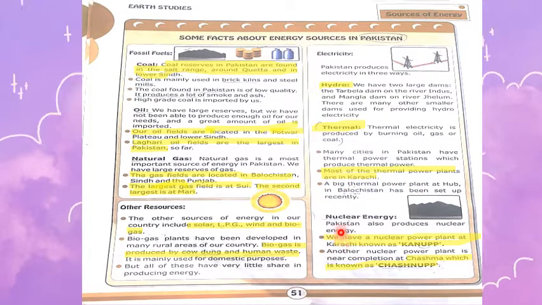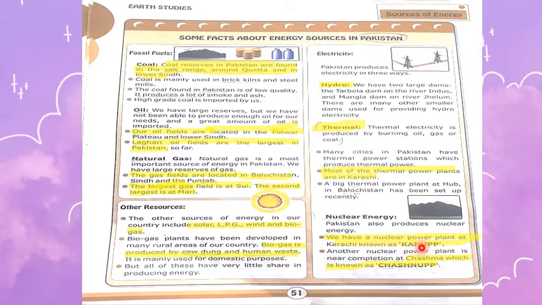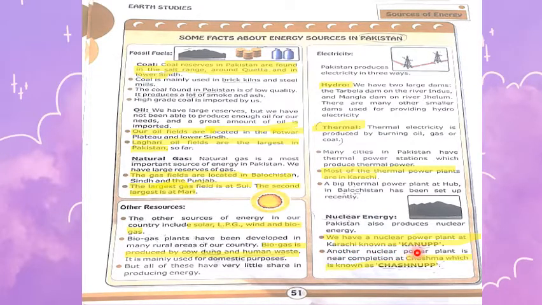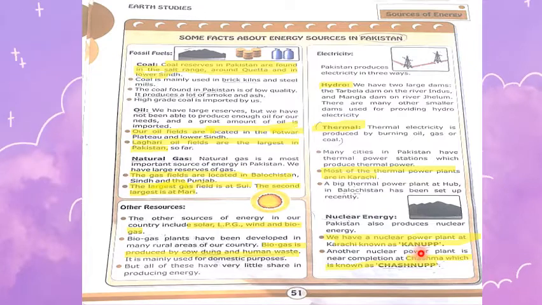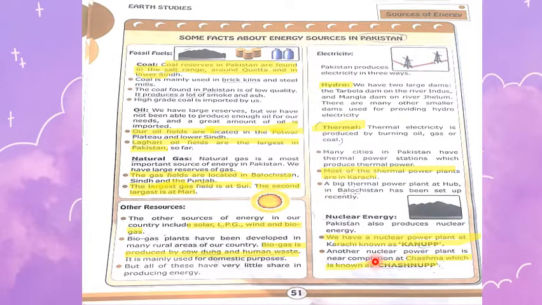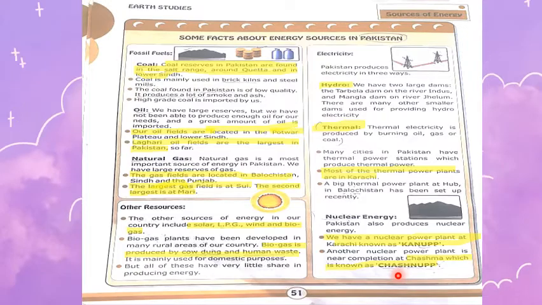If we talk about nuclear energy, we have a nuclear power plant at Karachi known as Kanupp. This Kanupp means the nuclear power plant that is in Karachi. We have another nuclear power plant in Chashma, so it is known as Chashnupp.